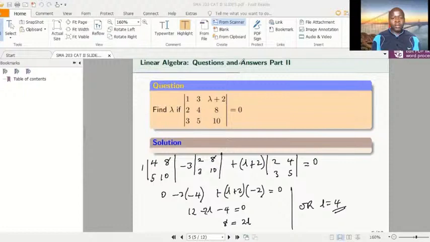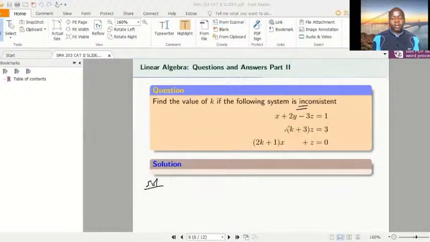I'll begin by supposing we had the augmented matrix for this system.